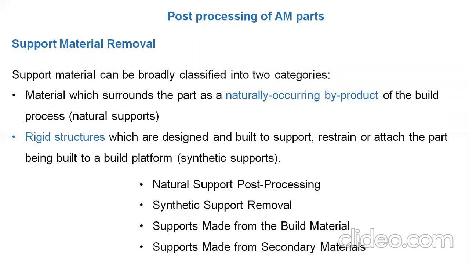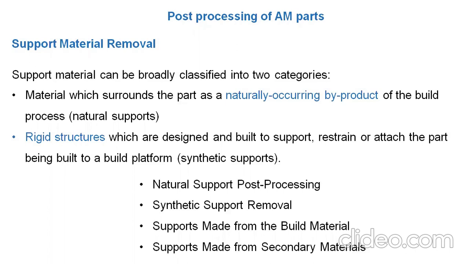Then the second one: rigid structures which are designed and built to support, restrain or attach the part being built to a build platform. This is known as synthetic support. First is your natural support and second is your synthetic support.